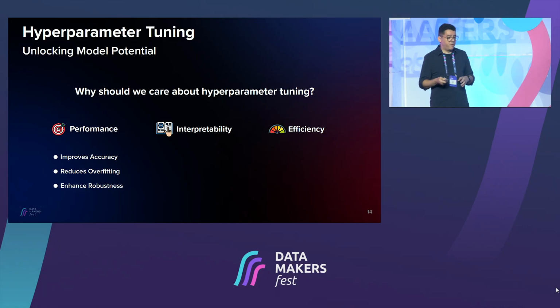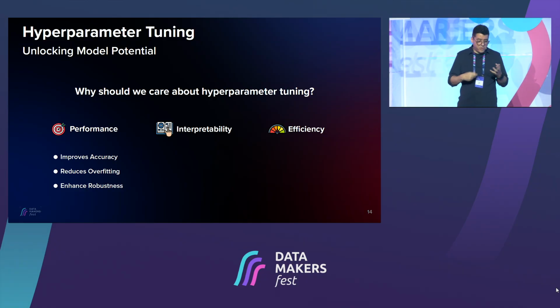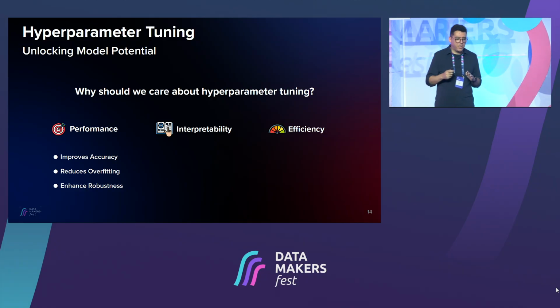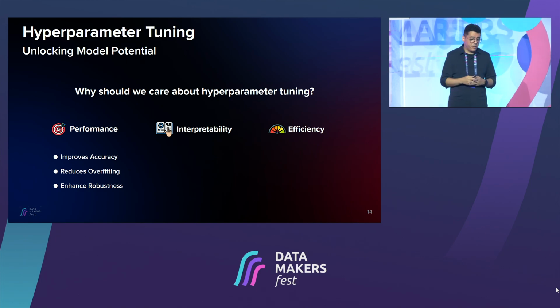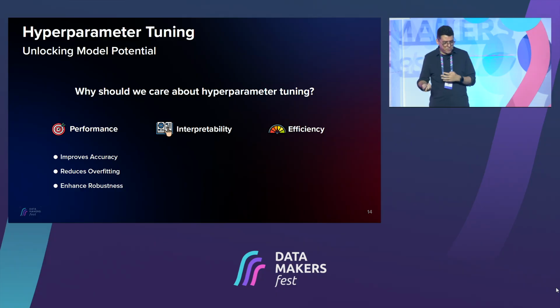In terms of performance, hyperparameter tuning can help us improve the overall accuracy or performance of our model. It helps reduce overfitting and enhance robustness to predict on new data.